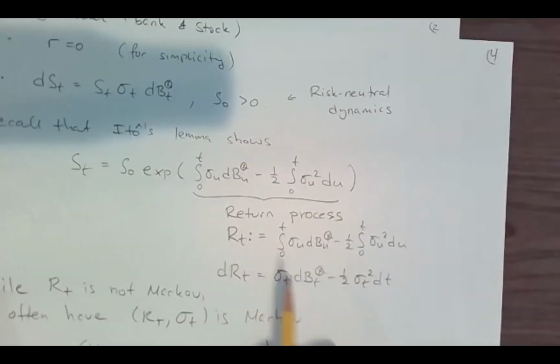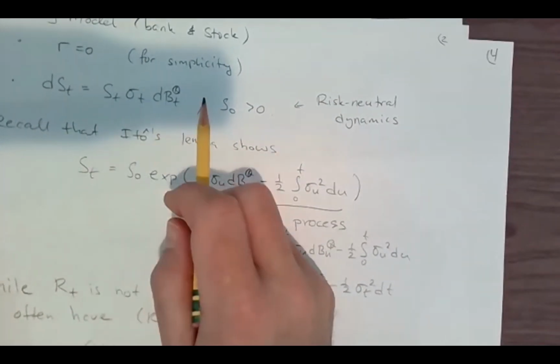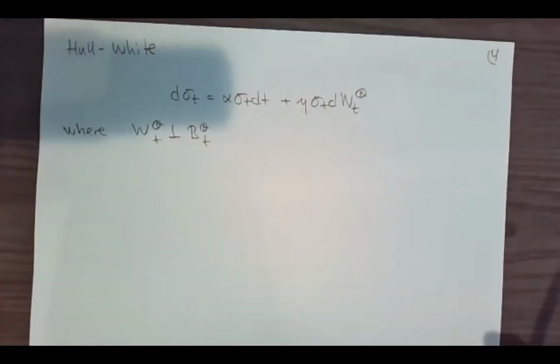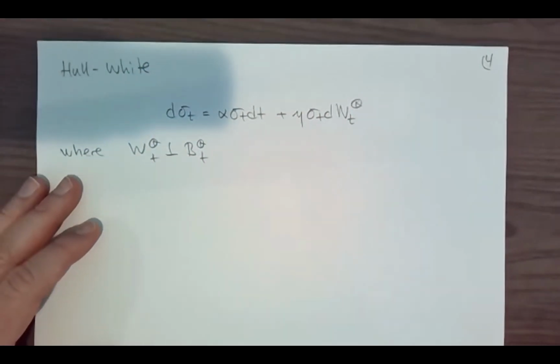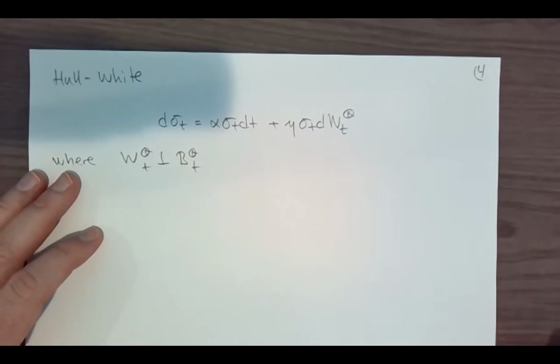Remember, B is the one we find in the return. That's the one that drives the stock price dynamics. So W is an independent Brownian motion.